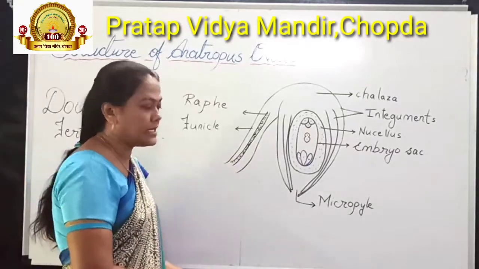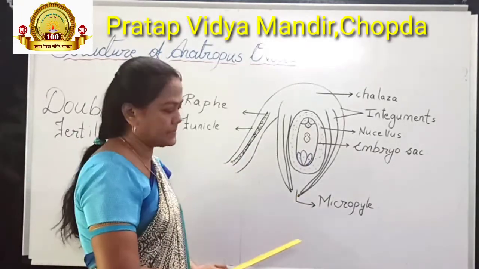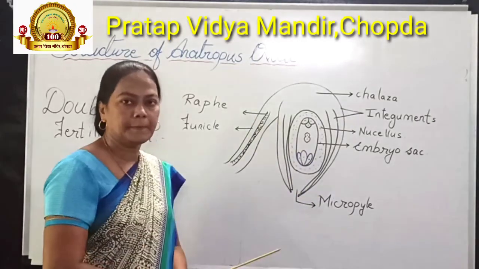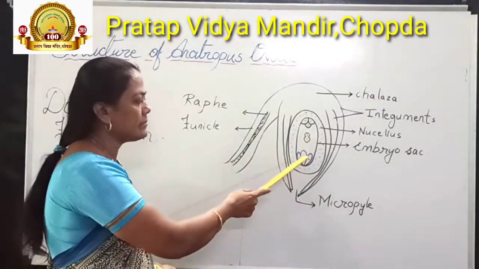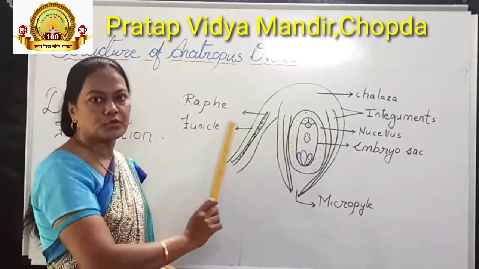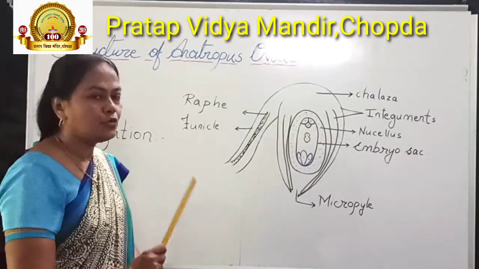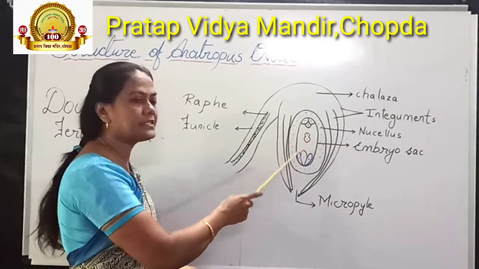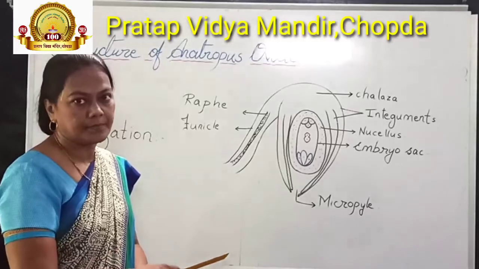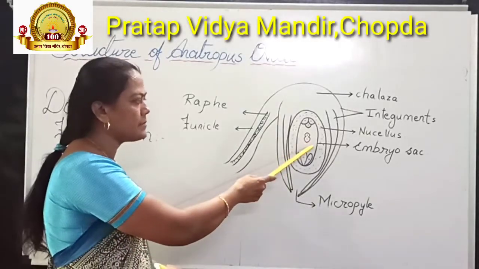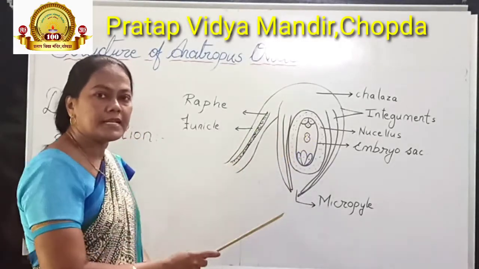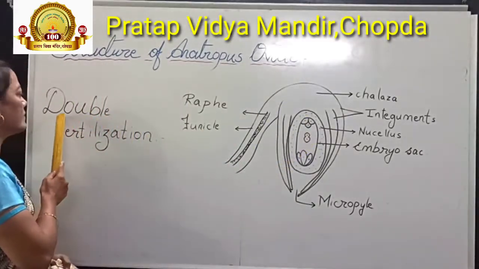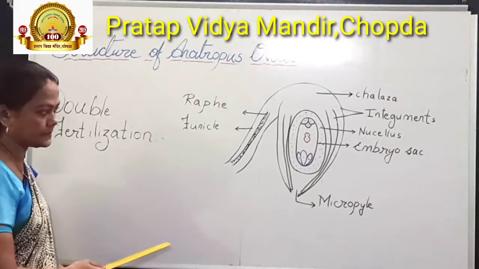The pollen tube consists of 2 male gametes. When the pollen tube enters through the micropyle, the male gametes are released in the embryo sac. The 2 male gametes unite with different cells in the same embryo sac, meaning in the same embryo sac fertilization takes place twice, and hence the name double fertilization.